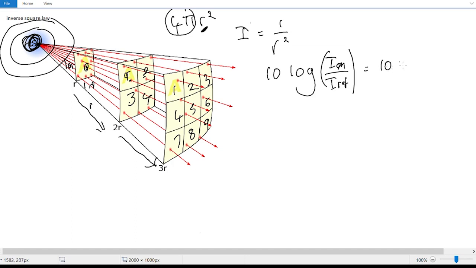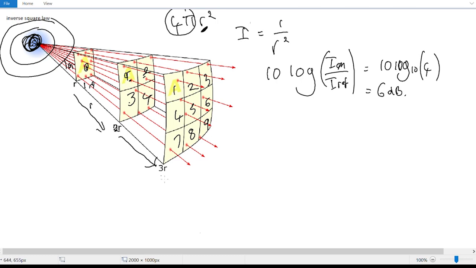So if we put that ratio of r squared in here, we've got twice the distance, so 2r, we know it's 2 squared, so that's 4. 10 log base 10 of 4 is roughly 6 decibels. You can put it in your calculator.